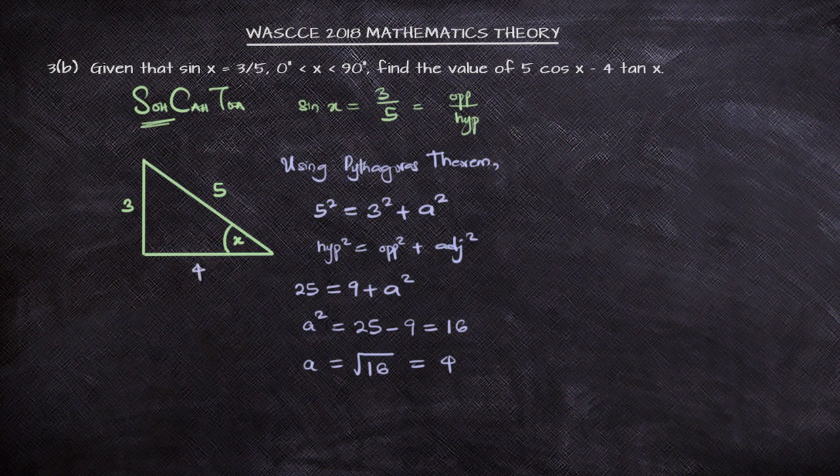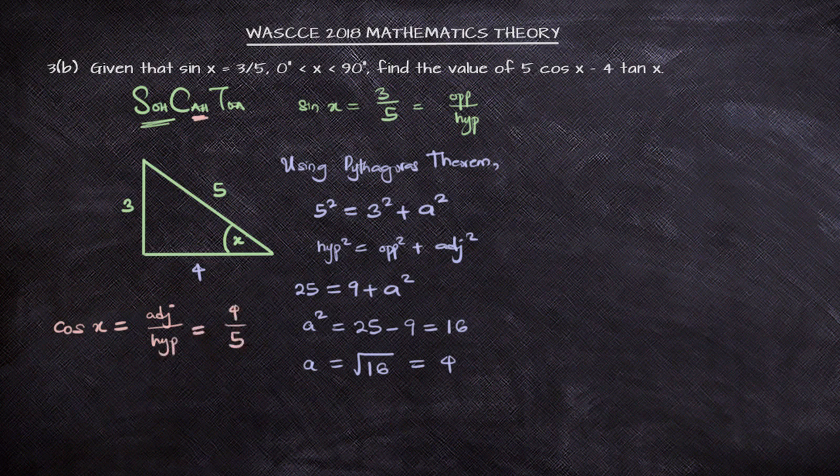Now, we can define our cosine and our tangent since we know all the sides of the right angle triangle. So now, what's going to be our cos? What's going to be our tan? Cos is adjacent over hypotenuse, and we have gotten the adjacent as 4. We know hypotenuse is 5.